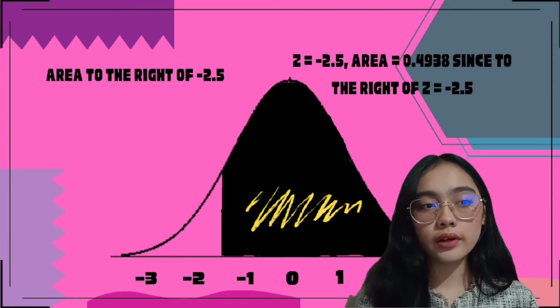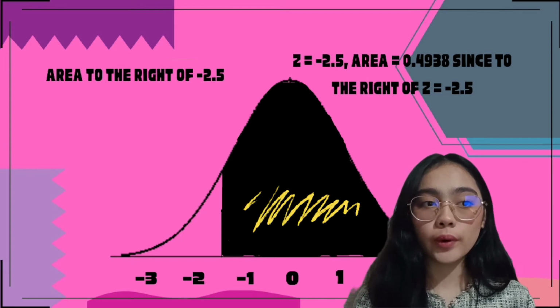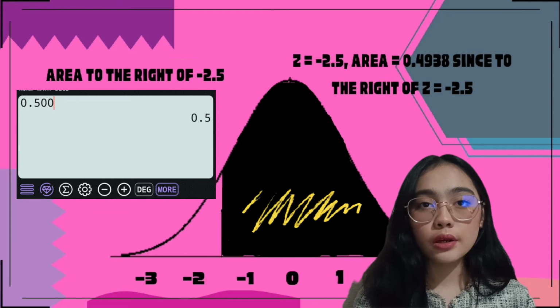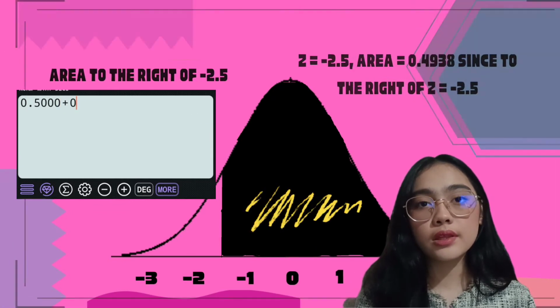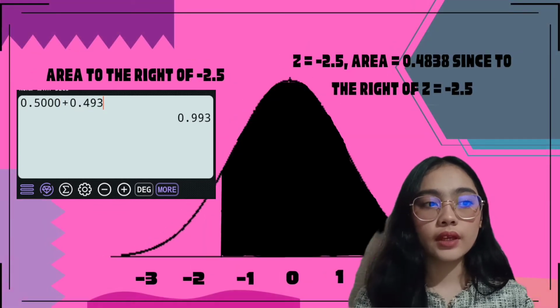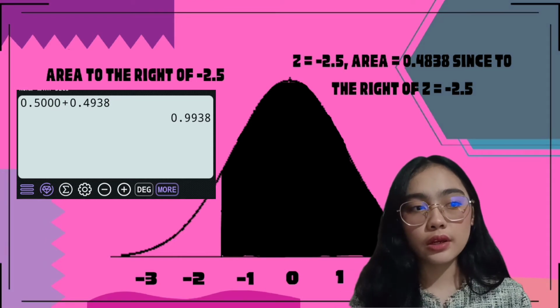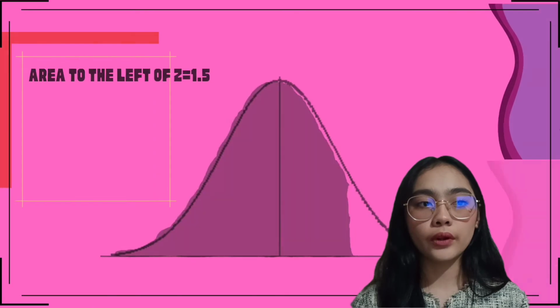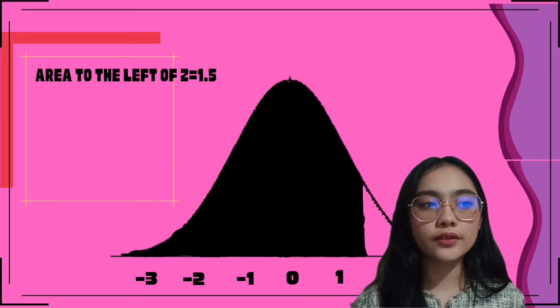And since it is to the right of the z-score negative 2.5, we will add half of the area of the normal curve, 0.5000 or simply 0.5. And we get an area of 0.9938.